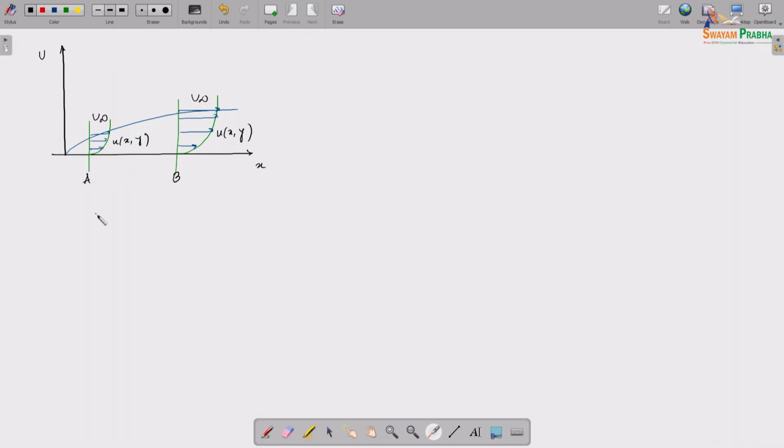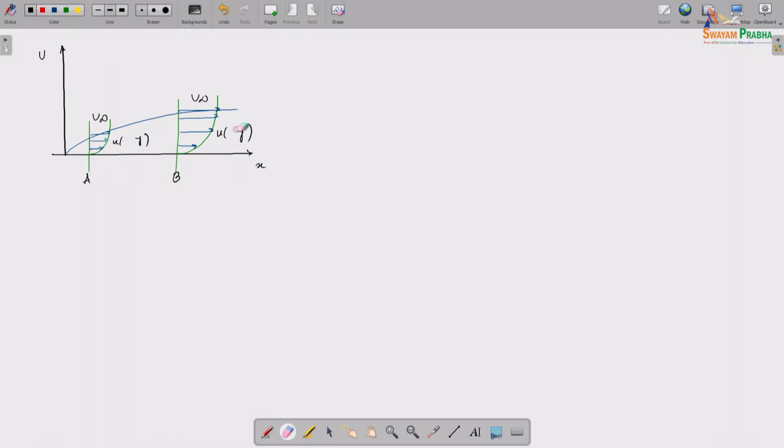So if I look at the velocity profile at a particular location and scale it up, I get the velocity profile at the other location. When I look at the profile at A, I am fixing my x, so the variation is predominantly in the y direction. Hence I can take that out and write this in this fashion.